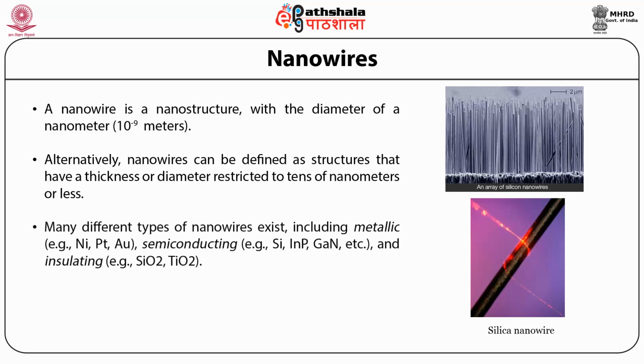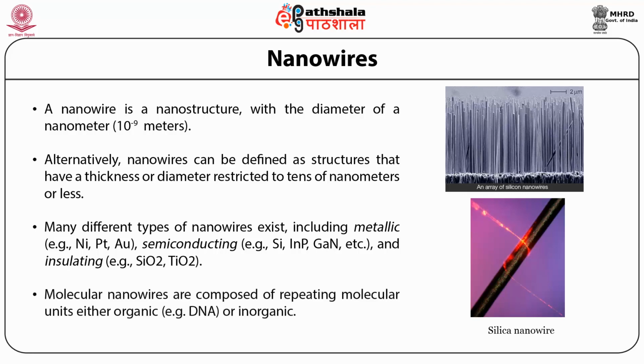Many different types of nanowires exist, including metallic, for example nickel and platinum, semiconducting, for example silicon and gallium, and some are insulating, for example silicon dioxide and titanium dioxide. Molecular nanowires are composed of repeating molecular units, either organic, for example DNA, or inorganic.